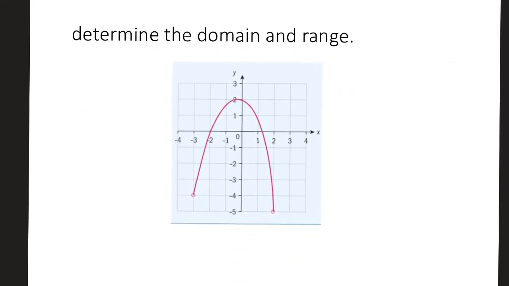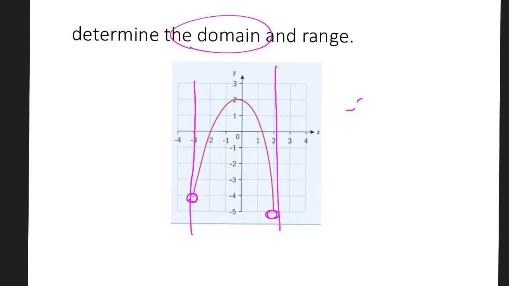Oh, sorry, a little too high. There we go. Okay, I'll do domain in pink. Domain is the x values, so you can see it goes here from -3 to 2. But notice these are open circles. They are open, which means they're not included. So from -3, non-inclusive, to 2, non-inclusive for the domain.